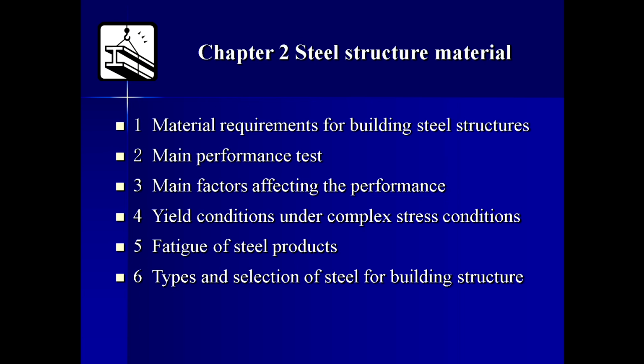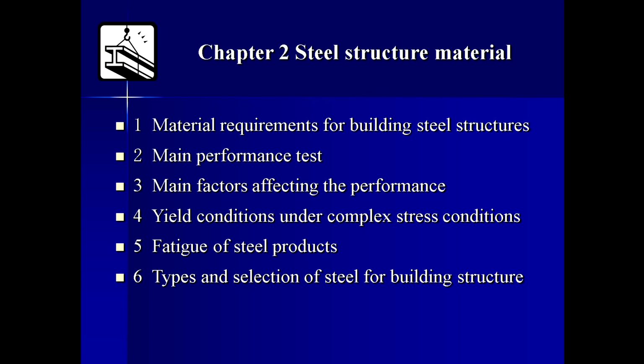And the yield condition under complex stress conditions, that means in the fourth part we study the loading of the buildings to check the yielding conditions of the steel. And in the fifth part we study the advantages of steel projects and types, finally stopping at the selection of steel for building structure. This is the basic outline for this part.